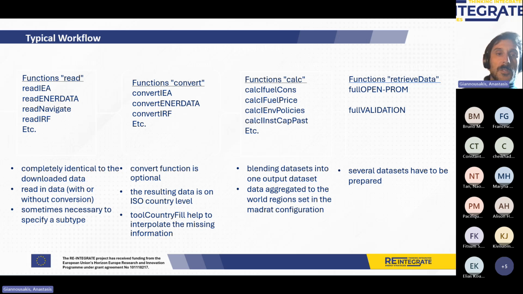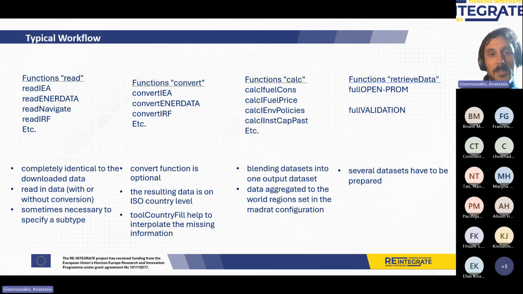What you want to do is write functions that will perform any necessary calculations given all these data sets that you have available, and then give these data sets to your model. These calc functions actually create the data sets for your model.